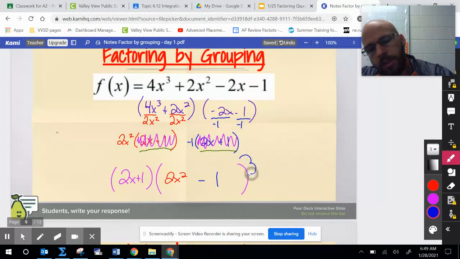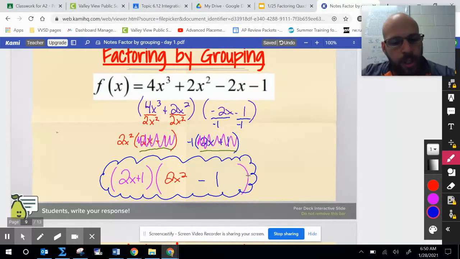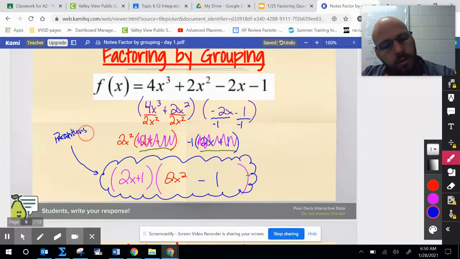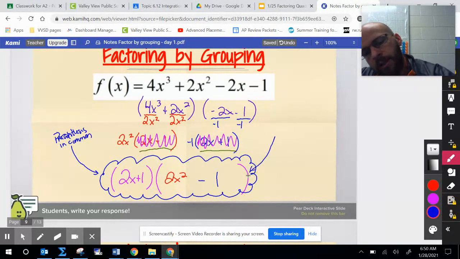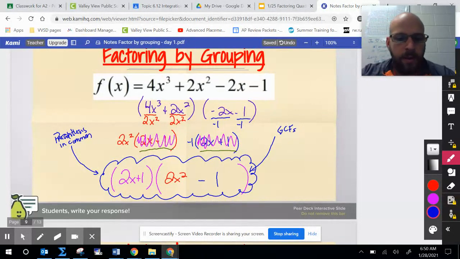And ladies and gentlemen, this is my final answer. So the first half, I want you to understand, is the parentheses that they have in common. The second half is made up of the greatest common factors. Okay, so that's how I set up my answer there.